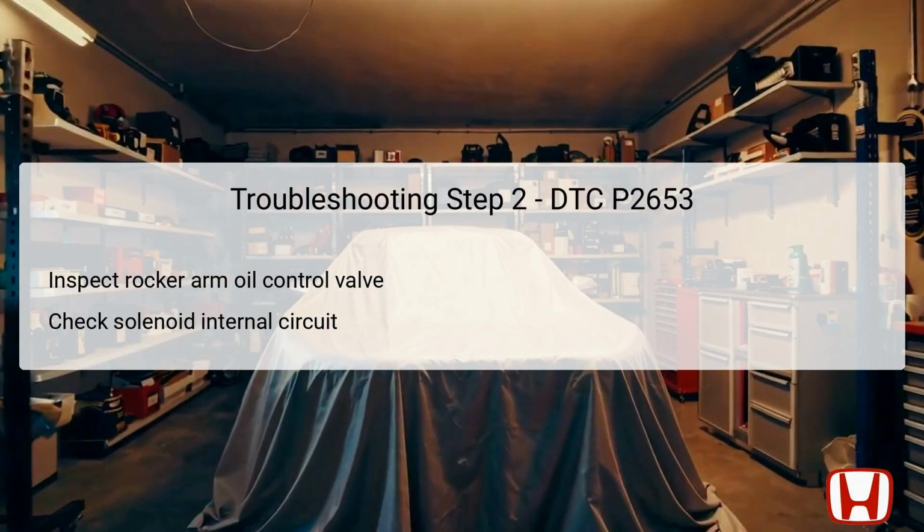At room temperature, the resistance should fall between 13.9 to 16.9 ohms. If the readings deviate from this range, it indicates an abnormality in the rocker arm oil control valve, leading to potential activation of the DTC P2653.